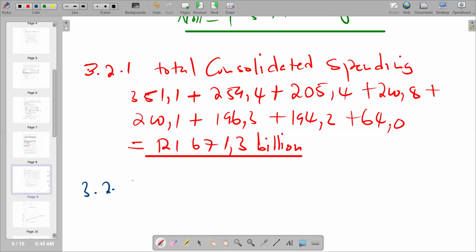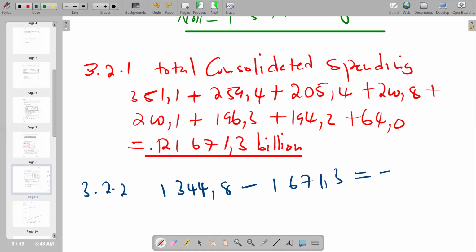So on our calculation, 3.2.2, we are saying 1,344.8, and then we subtract this figure that we got there, 1,671.3, which will give you an answer of negative 326.5 billion.